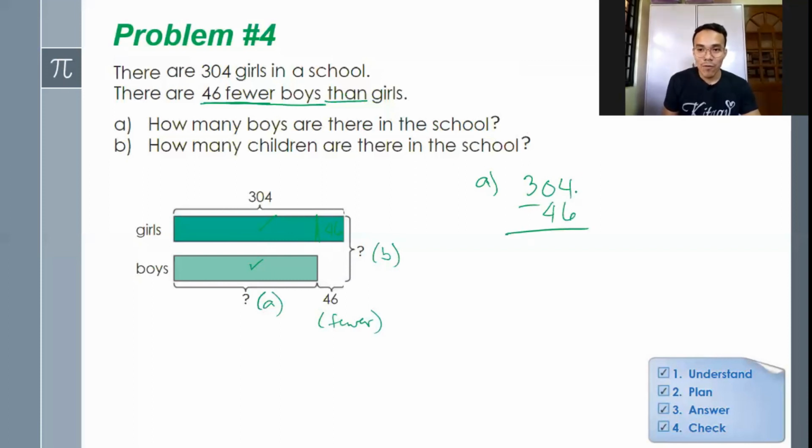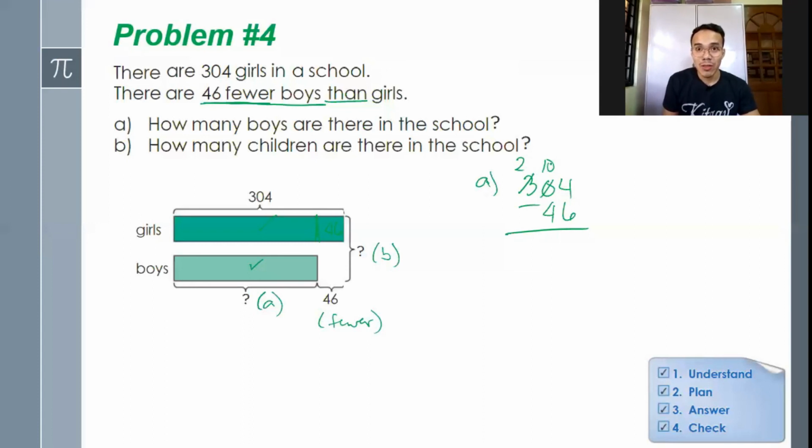Okay, so 4 minus 6 cannot be, so we have to borrow from here, right? So this now becomes, oh, this is 0. We have nothing to borrow from here. So we still have to borrow from here. This now becomes 2, and this now becomes 10. Okay? So we have now something to borrow from 10.